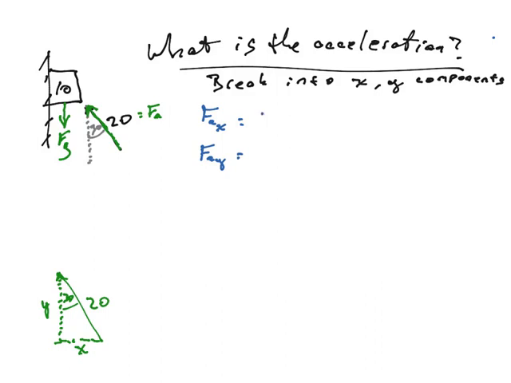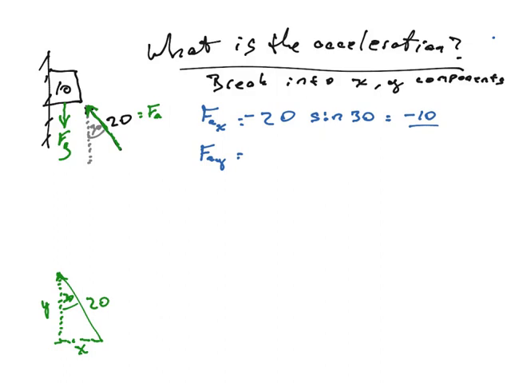So 20 sine 30. However, before I keep going, is this positive or is this negative? Well, which way is my applied force pushing? It's pushing up and to the left. So in the x direction, it's pointing to the left. I'm going to call left negative. So it's negative. So negative 10.